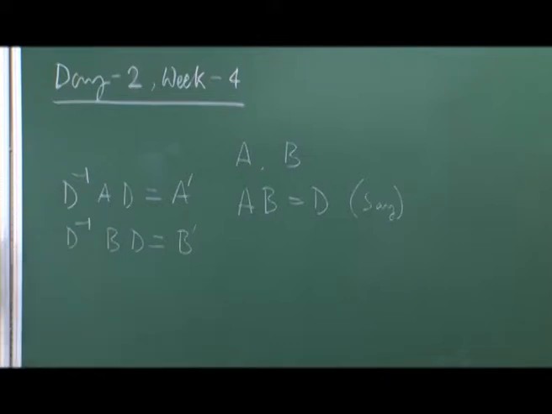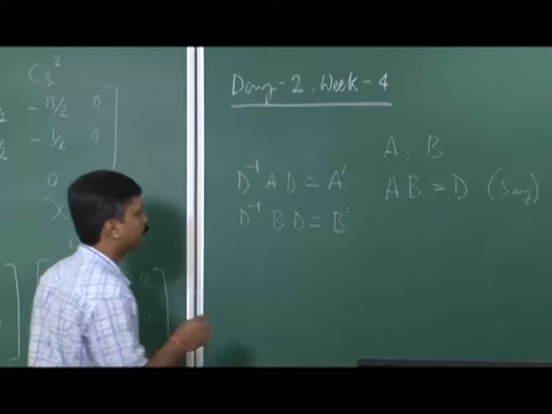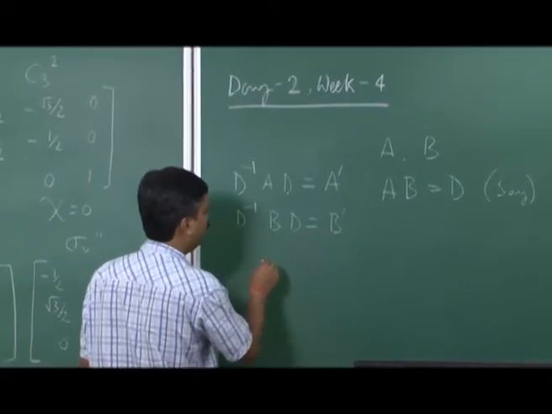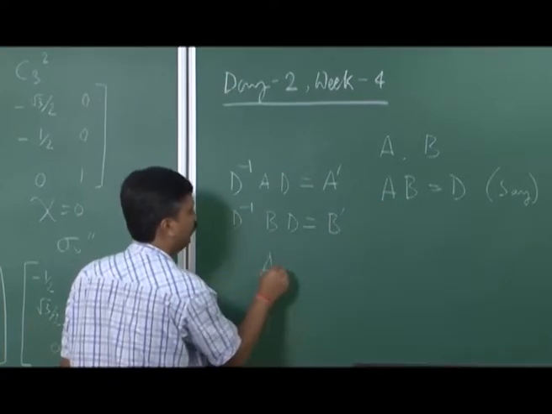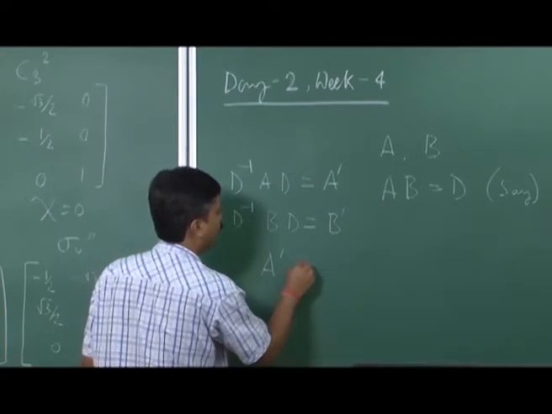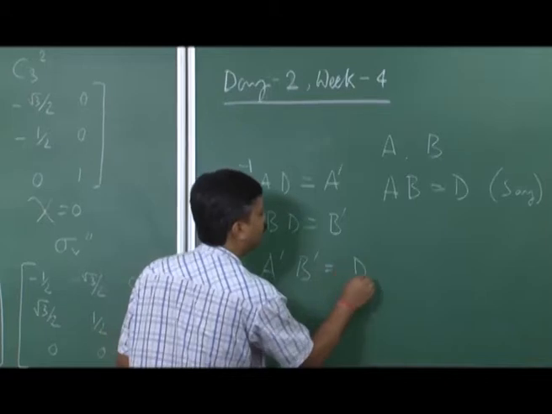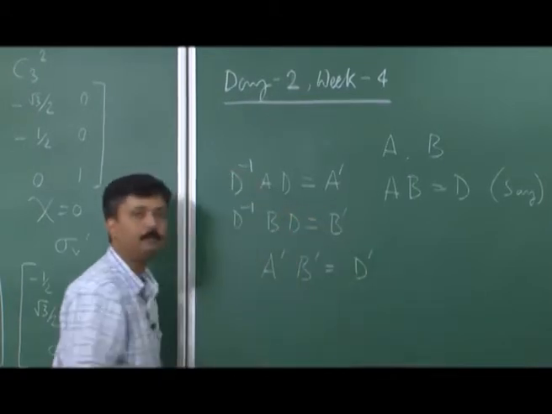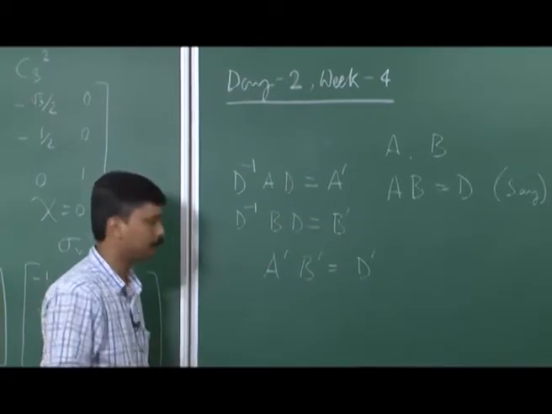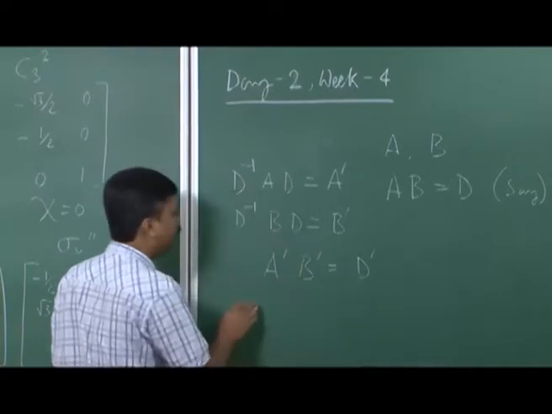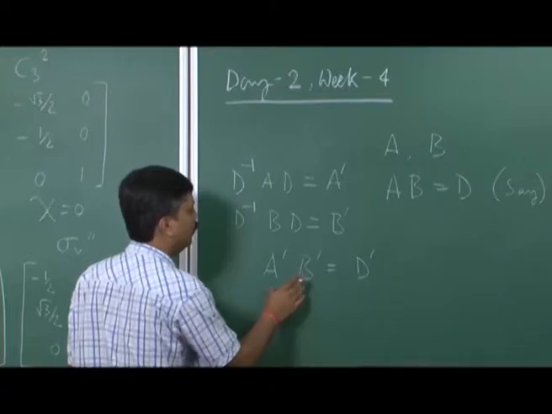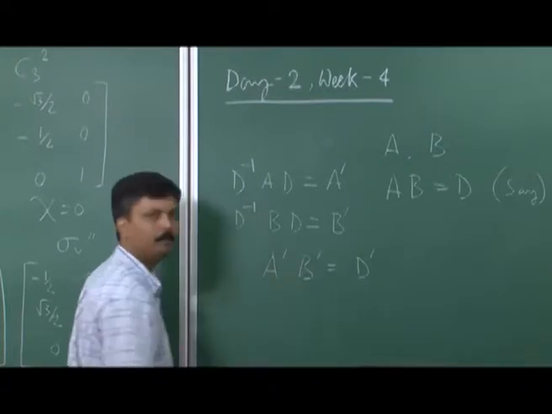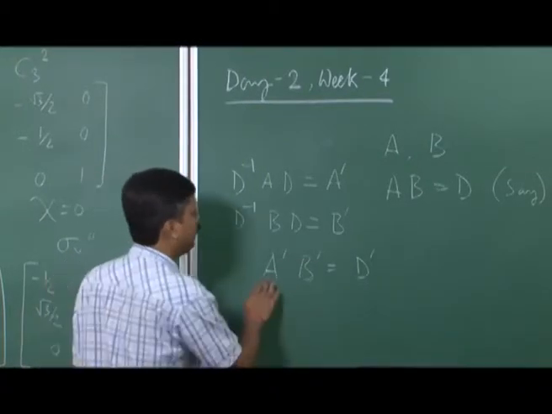Okay. So now if we combine A prime and B prime in the same fashion, okay, A prime and B prime, I should get something like D prime. So now if I do a similarity transformation on this product, okay, so what is A prime B prime?